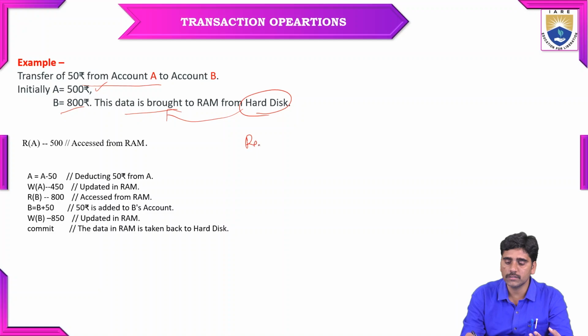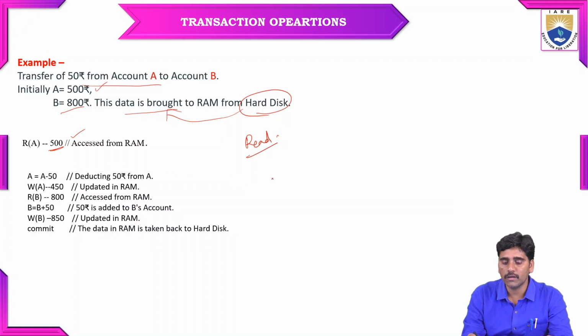First it is performed with the read operation. So read of A account holder. If it is read, it shows the amount in the account, that is 500 rupees. Then next, deducting 50 rupees from A account.